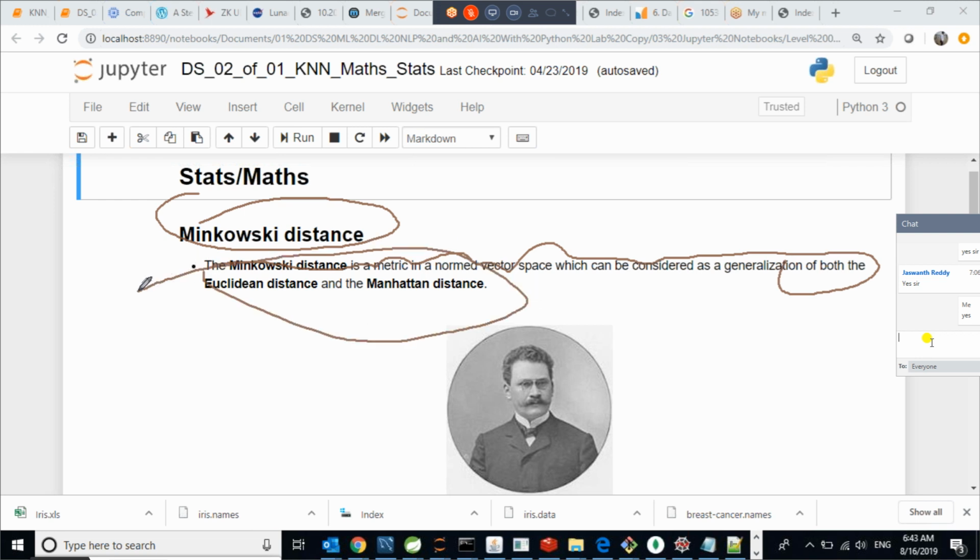So Minkowski distance is the generalized term for Euclidean distance and Manhattan distance. Let's see what Euclidean distance is and what Manhattan distance is.